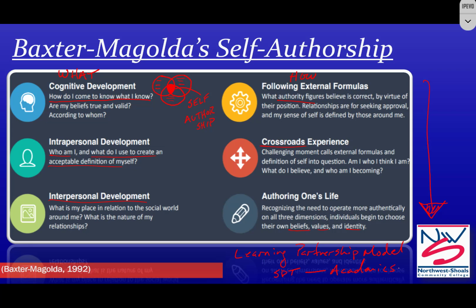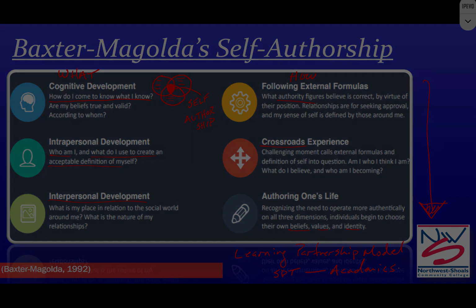What the learning partnership model does is basically lay out a framework for you to be able to develop self-authorship within the higher education setting, and specifically within an academic setting. The learning partnership model is fairly complex and could be a whole presentation in and of itself. So we'll just mention it here as being significant.